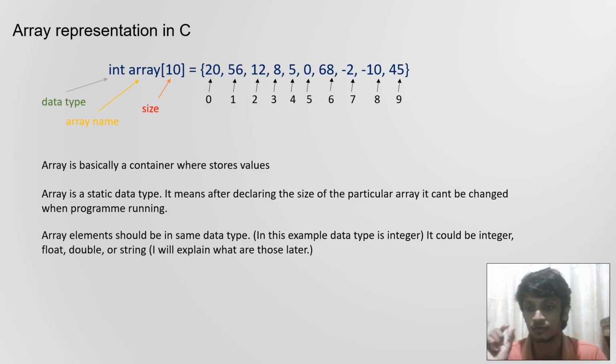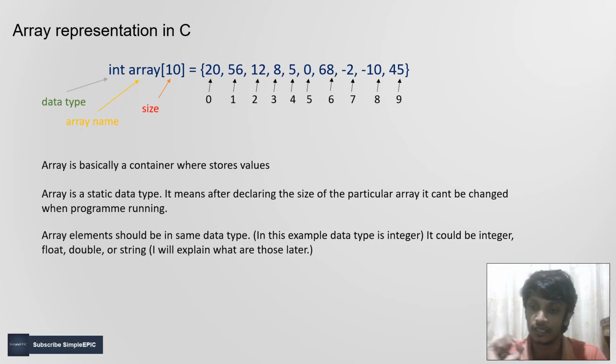At least it should start with one letter. Make sure you don't use numbers or special characters at the beginning, because that is not the way you name variables, arrays or any kind of data structure in programming, especially in C. So that is the array name.